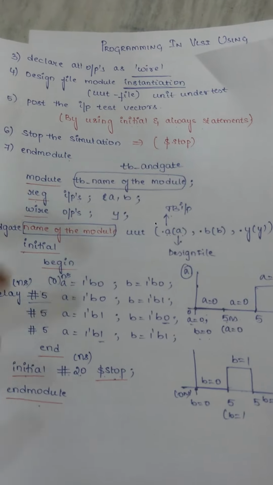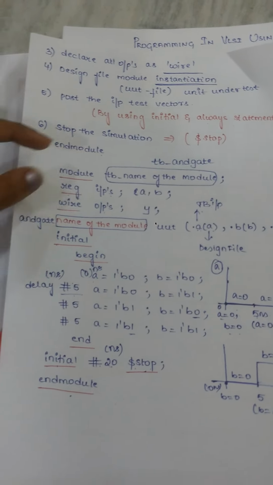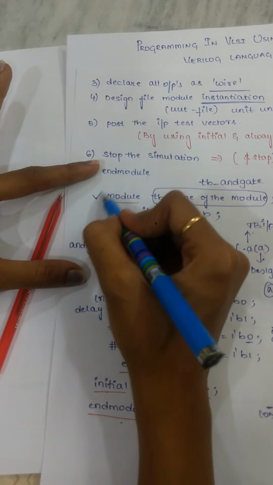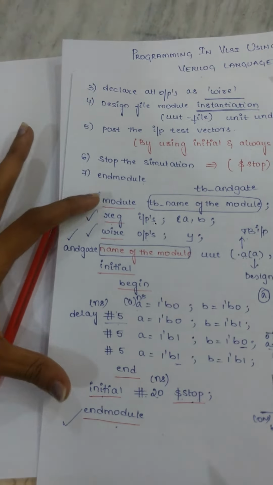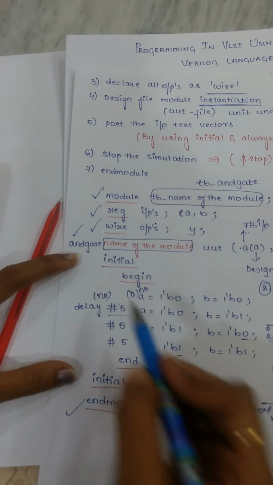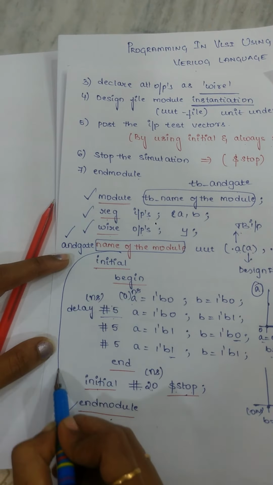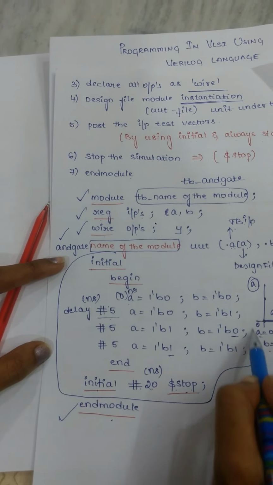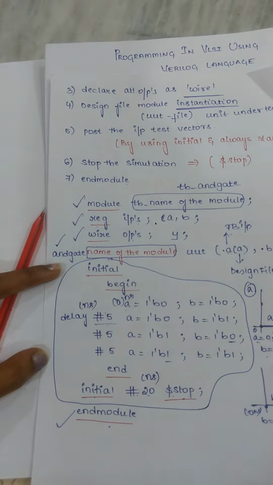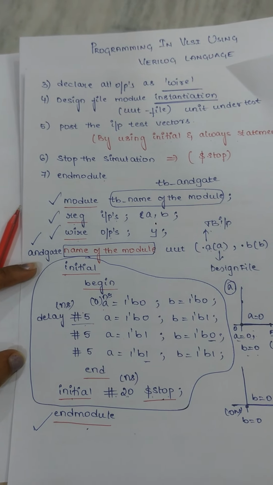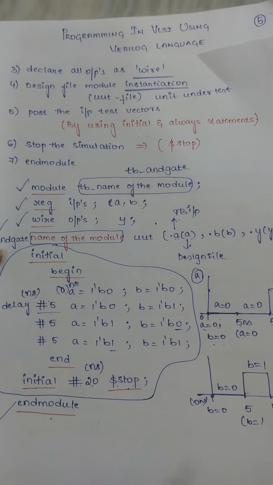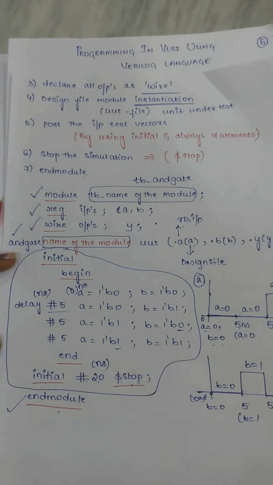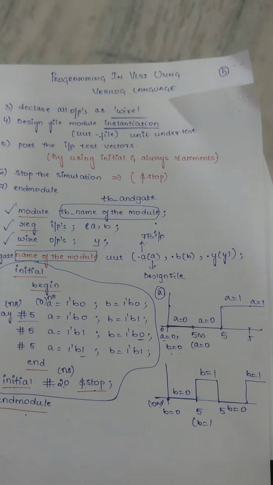Whatever the module line and the end module line are, they will be generated by the tool itself. You only have to write this particular process in your program. The entire thing will remain the same. Okay, this is how your design file and test bench syntaxes will be present in your Verilog file.